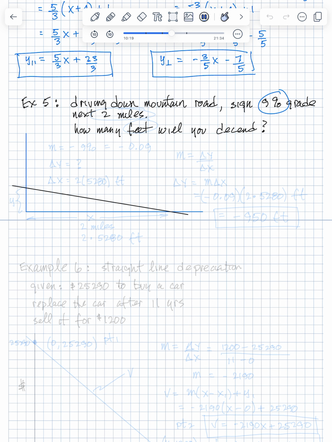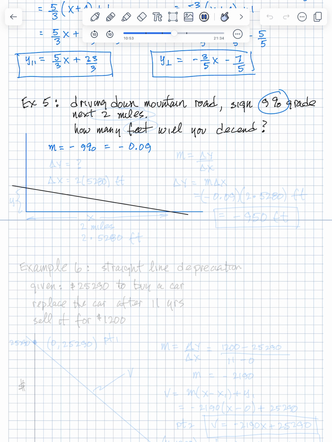And we know that m is equal to 9%, except that it's going down. So since it's negative, m is equal to a negative 9%, but we don't want percentages, we want decimals. So it's equal to a negative 0.09.